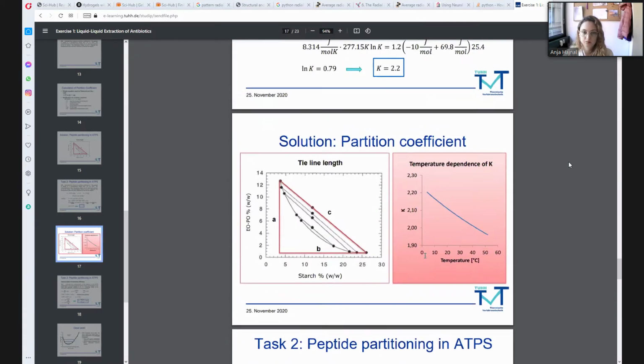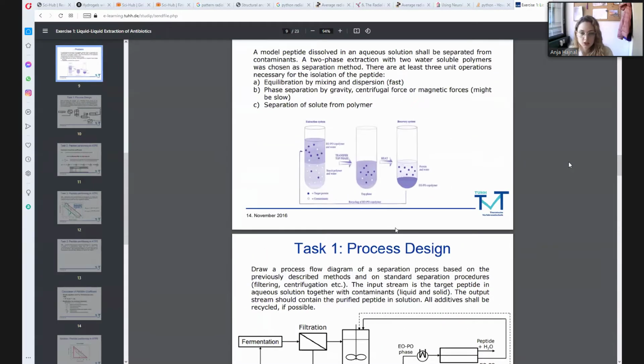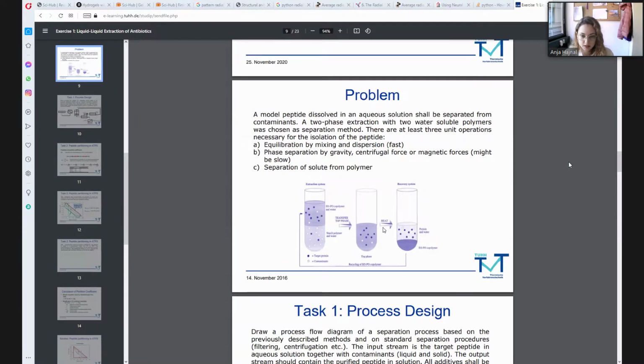What we had in our system, the first part of the task is related to the actual extraction of our peptide in an ATPS, and this part of the task, so 3.1 and 3.2, are related to the recovery of our EOPO polymer that we use to extract our peptide from the initial solution.